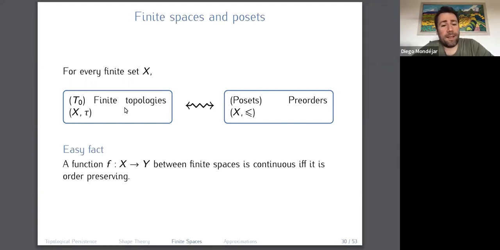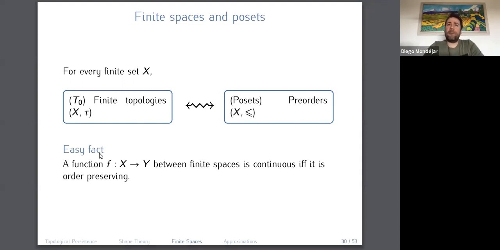So in the end, for every set, we have that the finite T0 topologies are just posets. This is very nice in our construction because it's very easy to show some theorems due to this property, and due also to the property that functions between finite spaces are continuous if and only if they are order preserving.